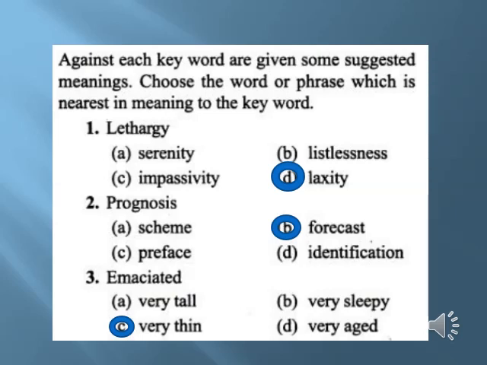On practice set number 2, let's take up the first word, lethargy. The first option given is serenity. You are familiar with the word serene, calm. Serenity means calmness, so it will not be the right option for lethargy.